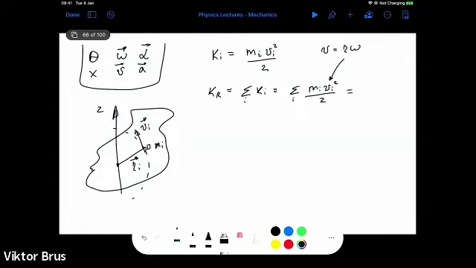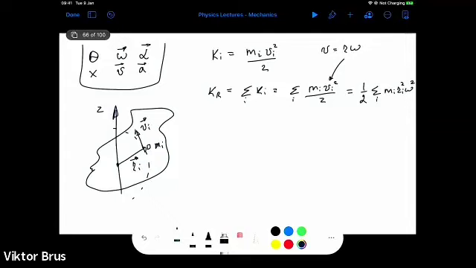We can take 1/2 outside the sum, so it will be 1/2 times the sum over all small parts of the body of m_i r_i squared omega squared.